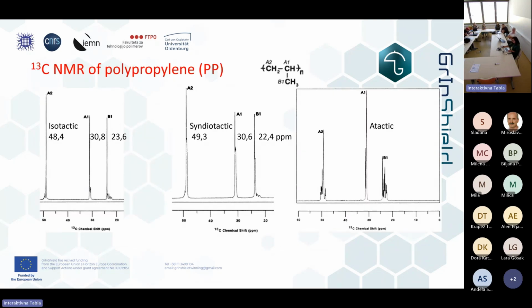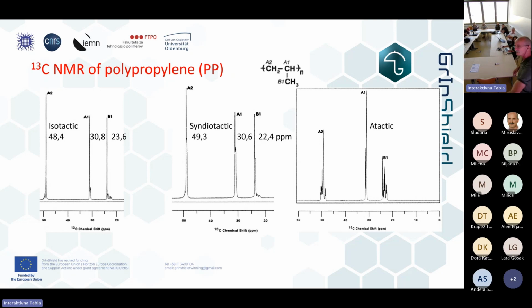Polypropylene, mentioned yesterday. We have mostly isotactic polypropylene, also syndiotactic and atactic. We see that there is a little difference between isotactic and syndiotactic polymer. Since no polymer is 100% isotactic or syndiotactic, there are always some small signals beside the main ones.